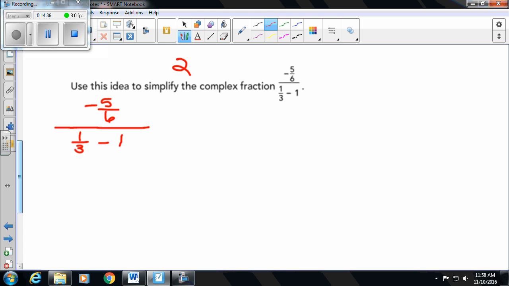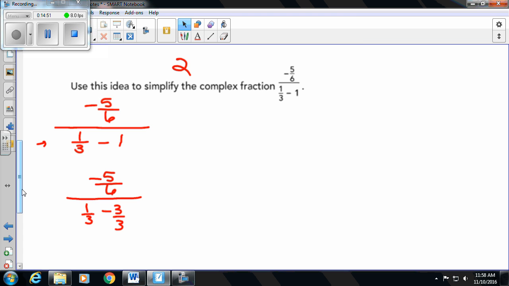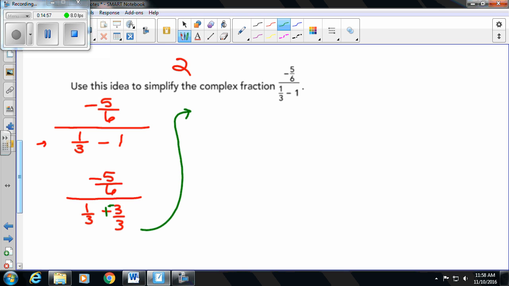I've got to carry it along while I do my work. So when I'm subtracting here, or adding the opposite, I can make this 1/3 minus 3/3, which I would write as adding the opposite.